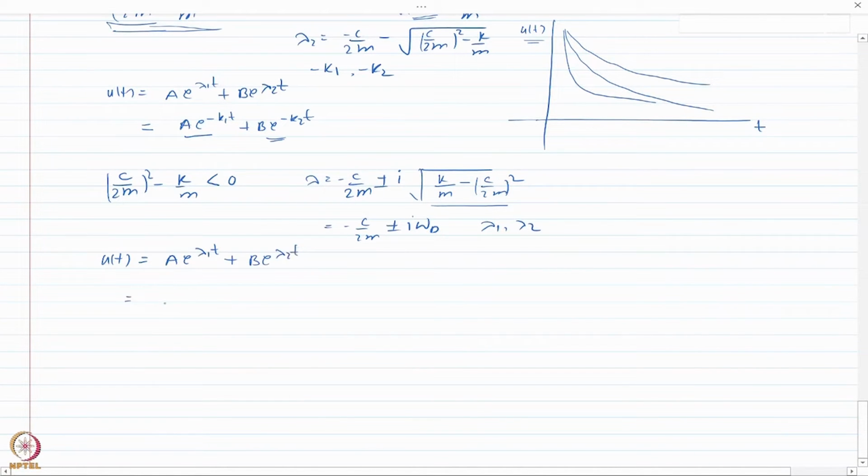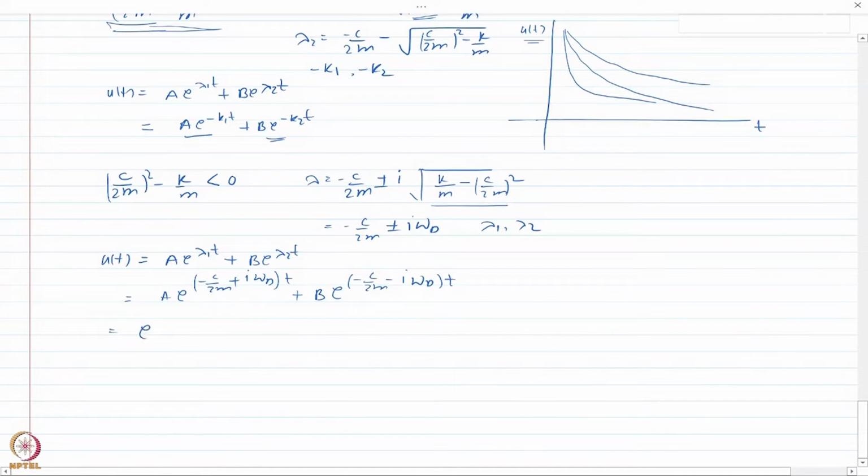If I substitute it here, I would get a e to the power minus c by 2m plus i omega d, all times t, and then plus b e to the power minus c by 2m minus i omega d, all times t. I can take the e to the power minus c by 2m t term out.